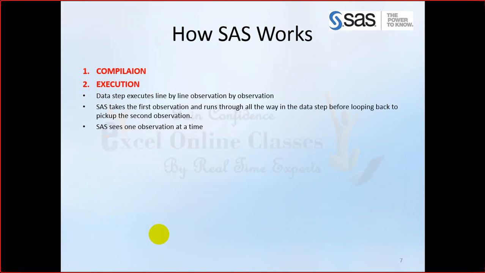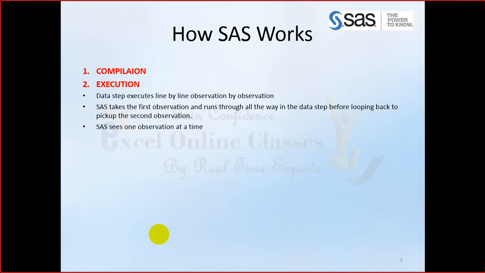This now I have explained. Normally, how does SAS work? In the log window you have seen how many observations are created, how much time it took, and how many variables are created. So behind the scenes, what happens in SAS? There are two steps: compilation and execution.